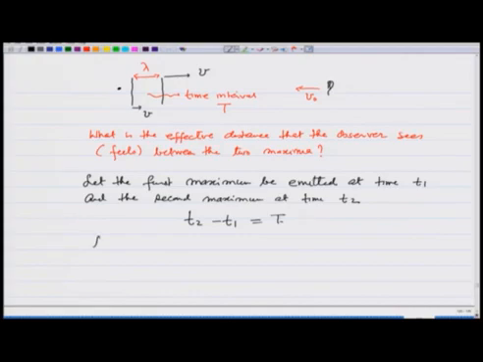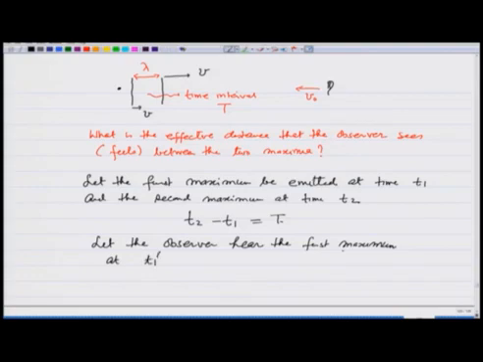Now, let the observer here hear the first maximum at t1 prime and the second maximum at t2 prime.